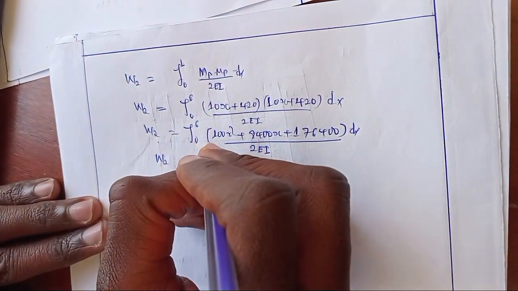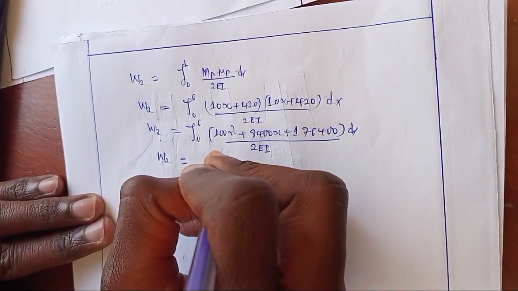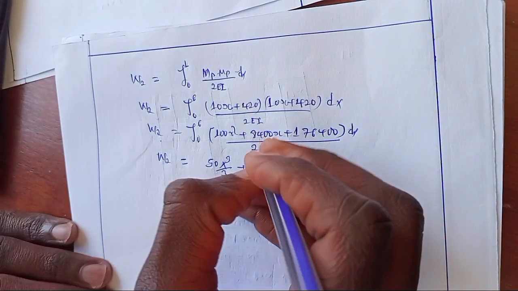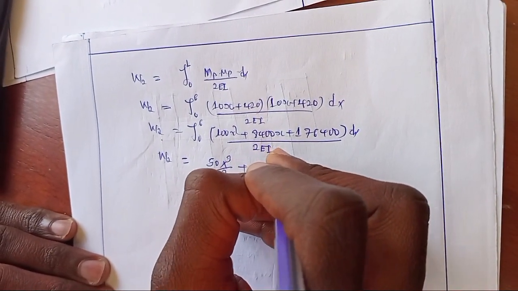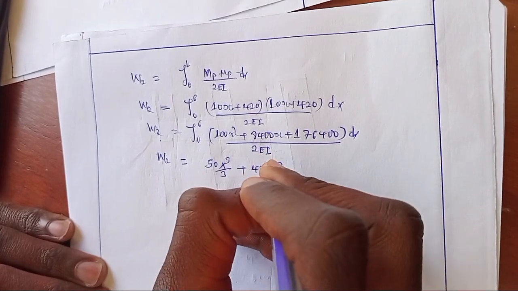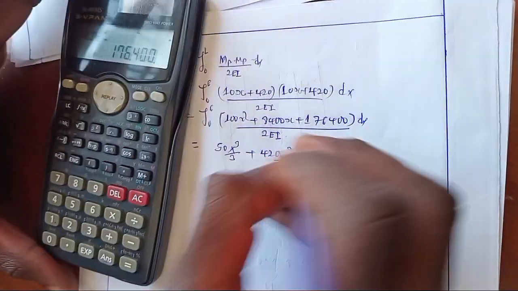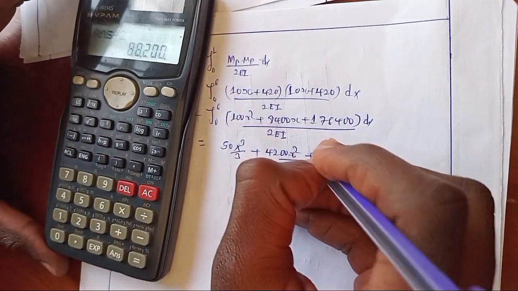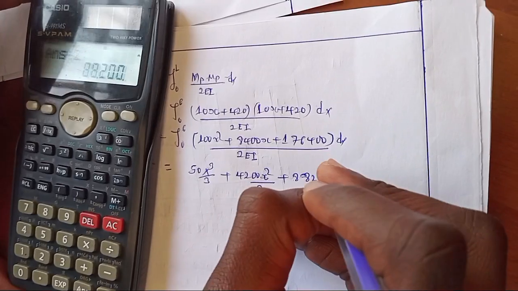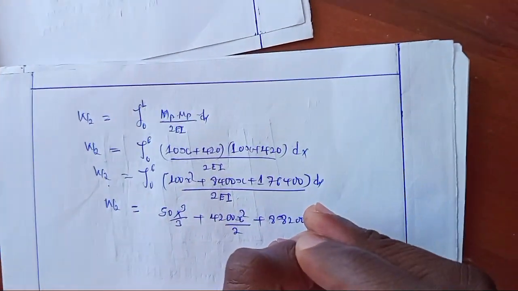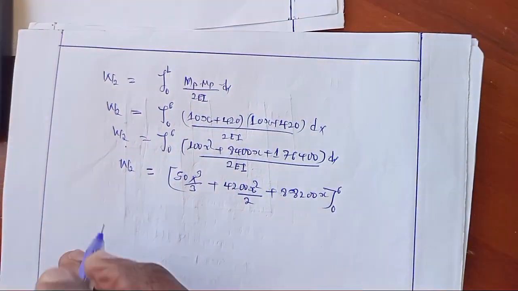So when we integrate, it will be 50 x power 3 over 3 plus 200 x squared over 2 plus 200 x, from 0 to 6.